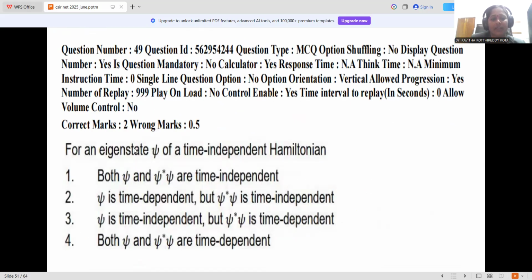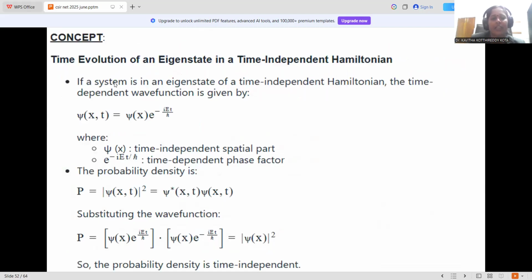Let me go to question number 49. Again, it is a part of physical chemistry. For an eigenstate psi of a time-independent Hamiltonian, the eigenstate psi is to be identified. If the system is in an eigenstate of the time-independent Hamiltonian, the time-dependent wave function is given by psi x,t is equal to psi x into e to the power minus i E t by h cut, right?